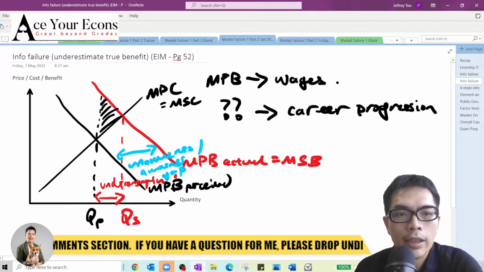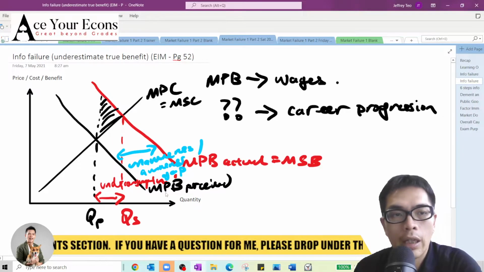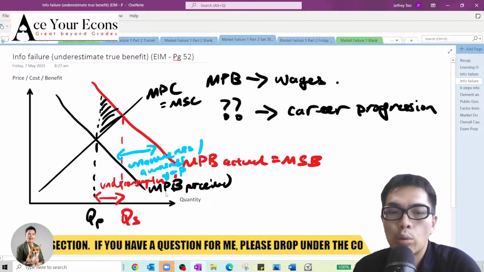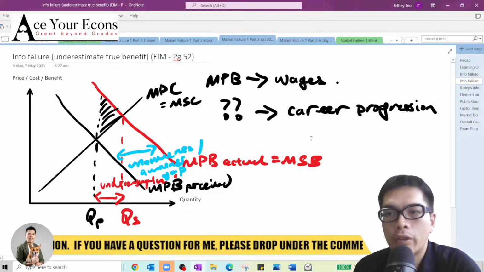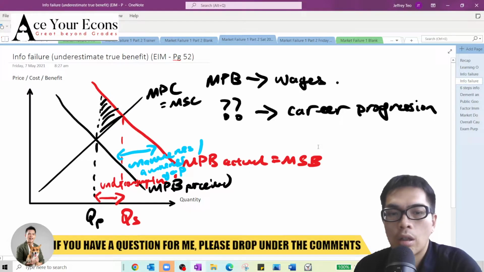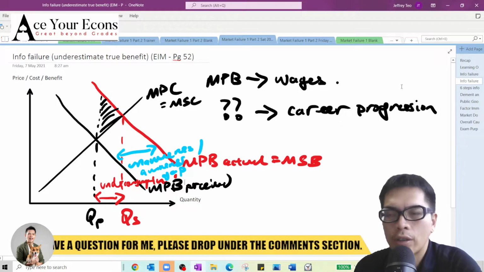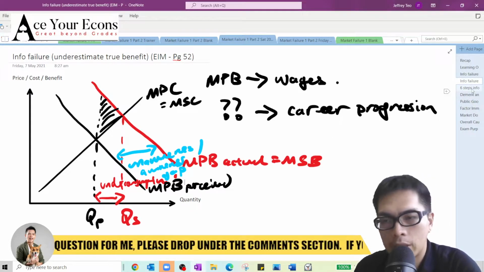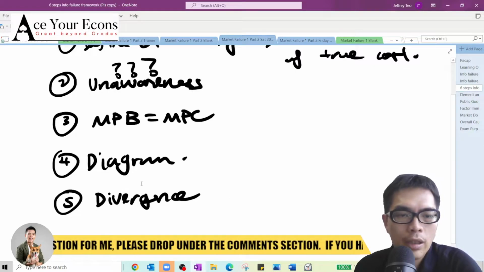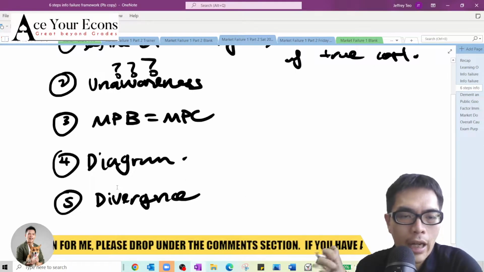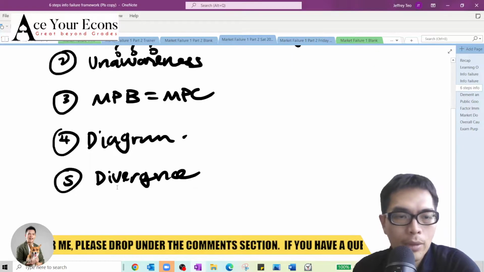These are the terms often used to illustrate the gap between your actual and perceived benefit, or actual and perceived cost. Make sure you get the divergence right. Don't label this as MEC or MEB.